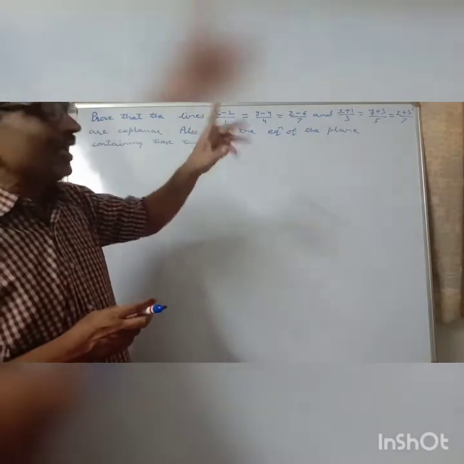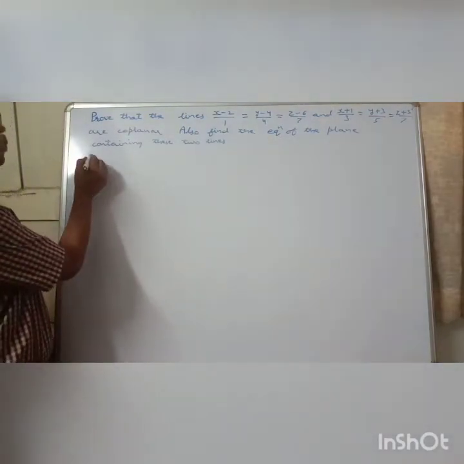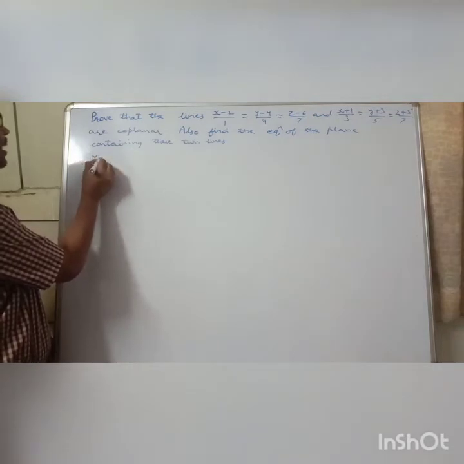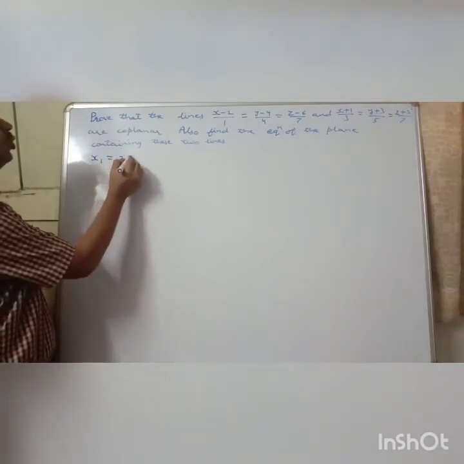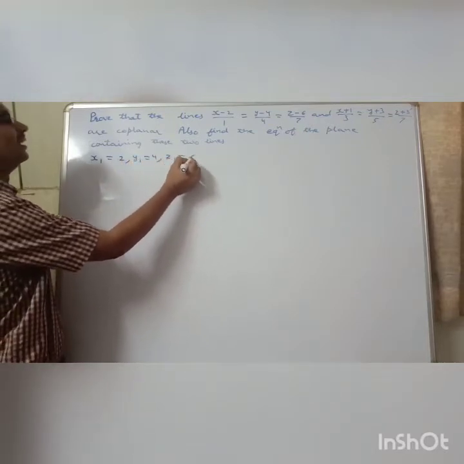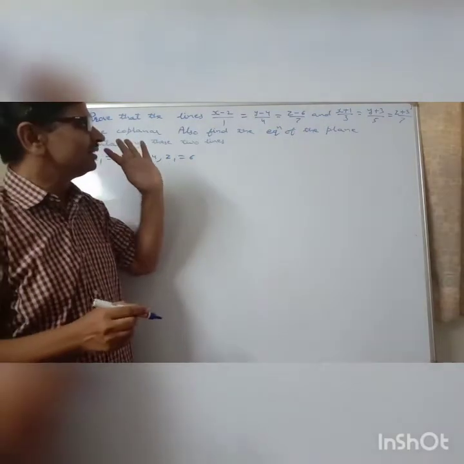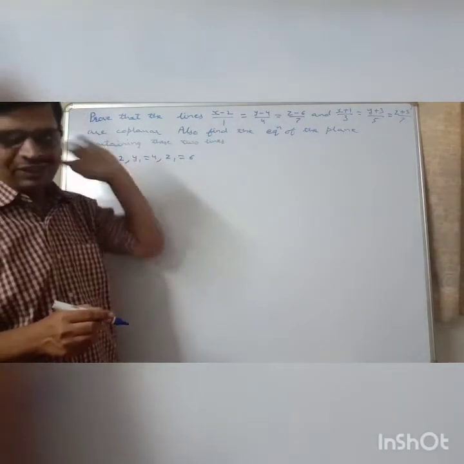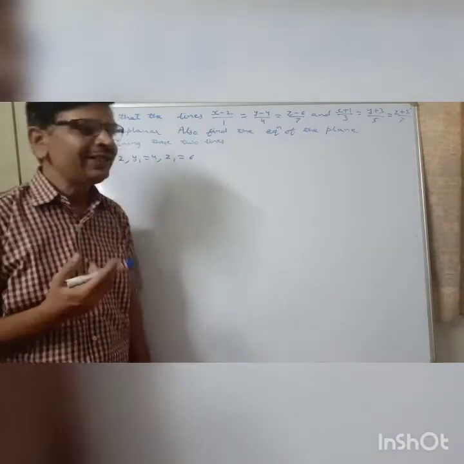As two lines are there, for the first line the coordinates of the point we shall denote by x1, y1, z1. So x1 is 2, y1 is 4, z1 is 6. Here all three coordinates are positive. And as the point has three coordinates, it is a point in space.